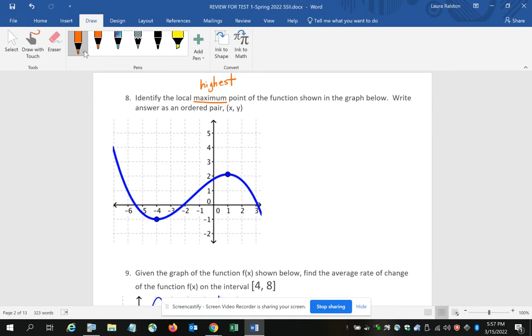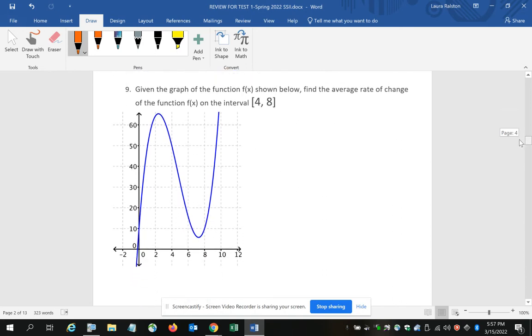And so looking at this graph, which is different, I have this point here that looks to be the highest, and it occurs at (1, 2). So my local maximum point is (1, 2). Guys, don't overthink it. It's really common sense. Minimum implies lowest, maximum implies the highest.